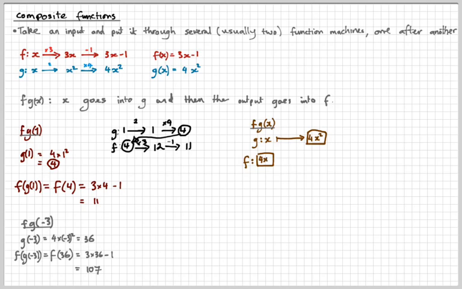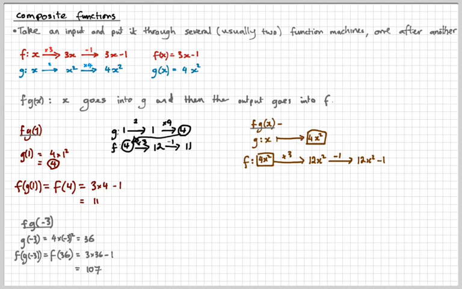What does f do to 4x squared? The function f multiplies the input by 3 and subtracts 1. Timesing 4x squared by 3 gives us 12x squared, and then subtracting 1 gives us 12x squared minus 1.